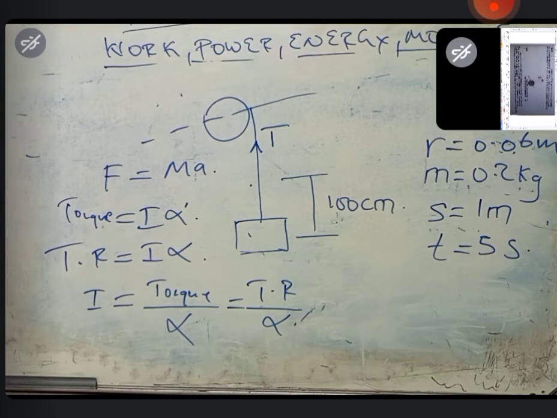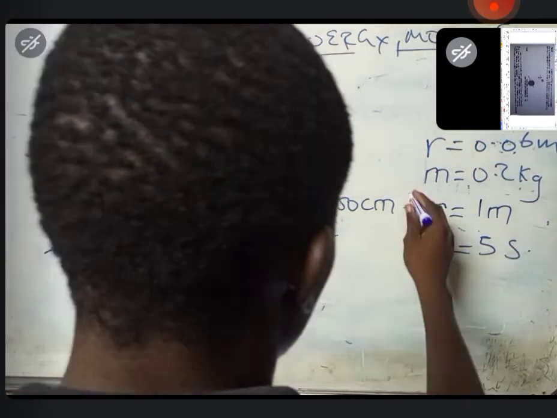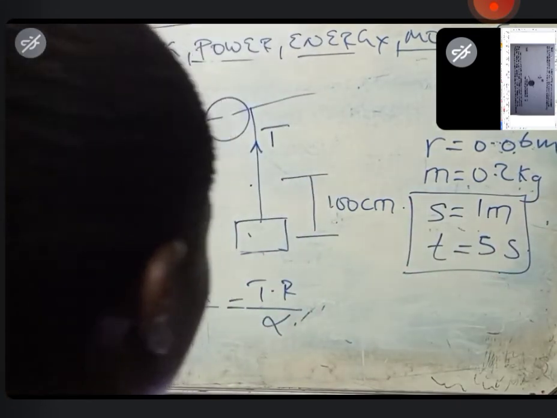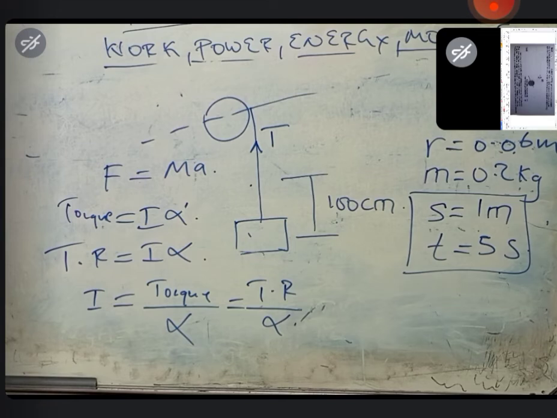So now it is a matter of finding tension and angular acceleration. From the given information here, we're able to find the acceleration. Let's first try to find what is more involving, which is determining the tension. Can we do that?